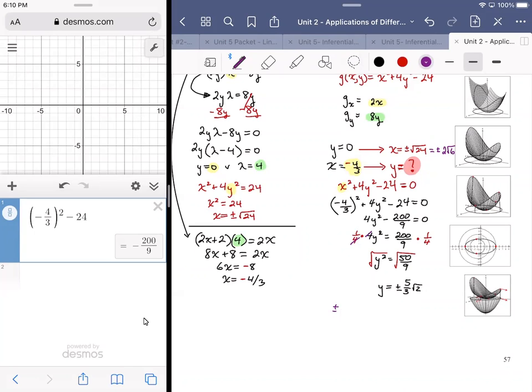So plus or minus 2 radical 6 comma 0, because x comes before y. And then -4/3 comma plus or minus 5/3 radical 2. All right, so these are our candidates. These are all the candidates for extreme values. So these are my possible extrema.